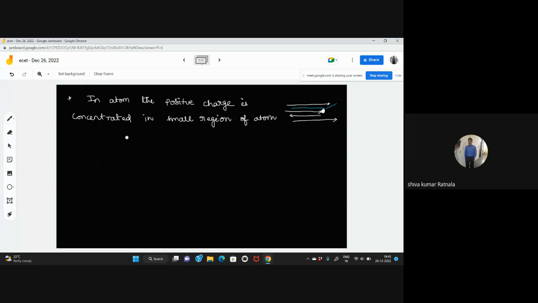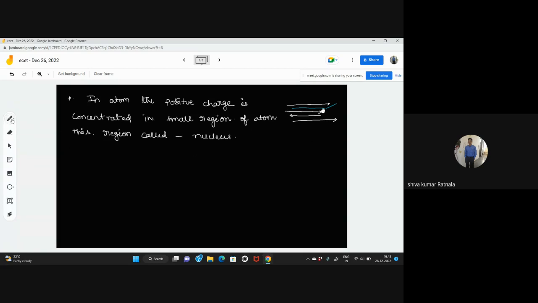That small region is called the nucleus. Okay, nucleus, right? This is good.